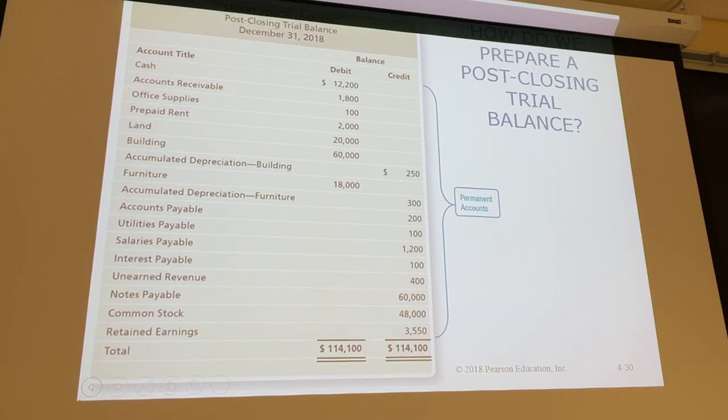Something's not right, and you would have to go back and look at your closing entries to see why you had not successfully zeroed out the rent expense account. But in this case, our debit column is equal to our credit column. We don't see any temporary accounts listed there, so it looks like we've successfully gone through the closing process in this example here.